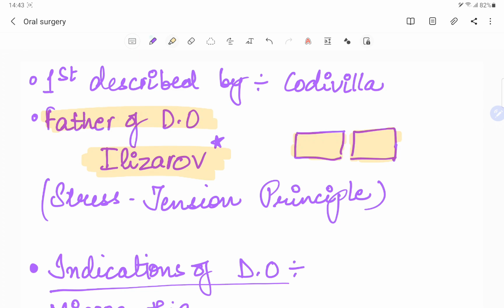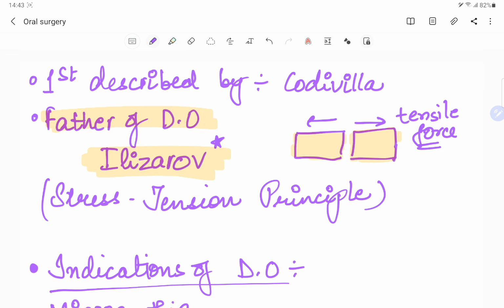So it is telling us that if we apply forces away from each other, that means if we are distracting the two bony fragments away from each other, there is a tensile force. This tensile force creates tension and there is new bone formation. So it works on the stress tension principle.